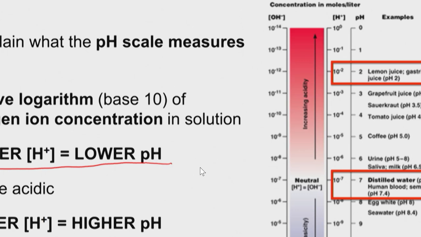So over here, the H plus concentration is the most. This is 10 to the 0, the highest. Down here at the bottom is 10 to the negative 14th. So if this is 1, down here we're talking about 1 with 14 zeros.